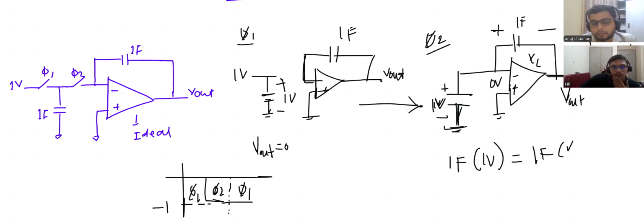Again, whatever the 1 volt is trying to do, if I have 1 volt here initially, that will become -2.